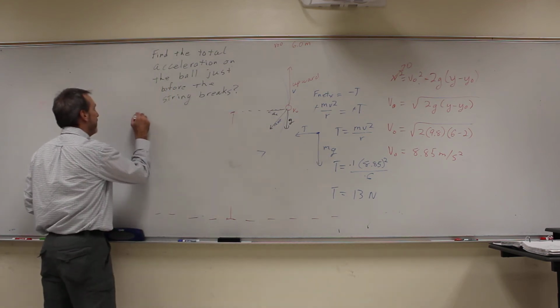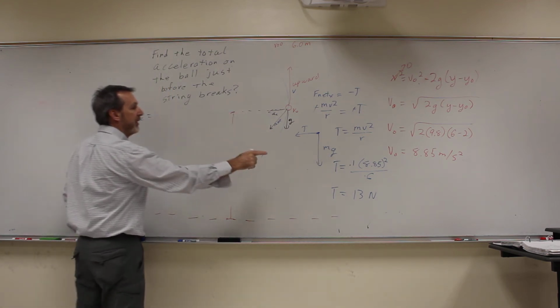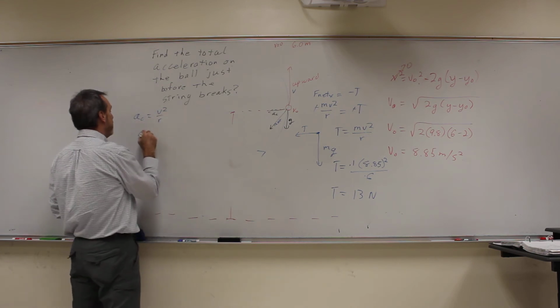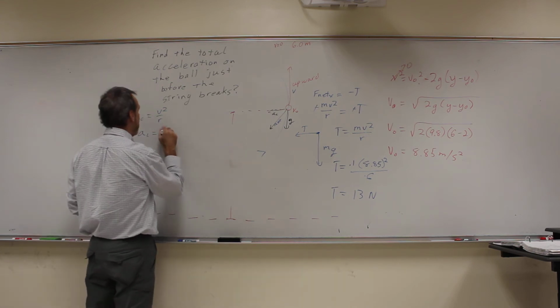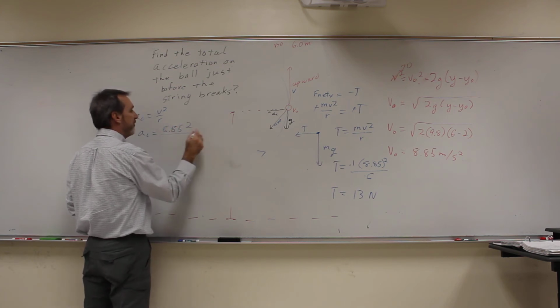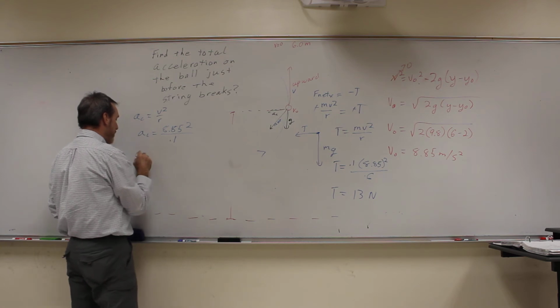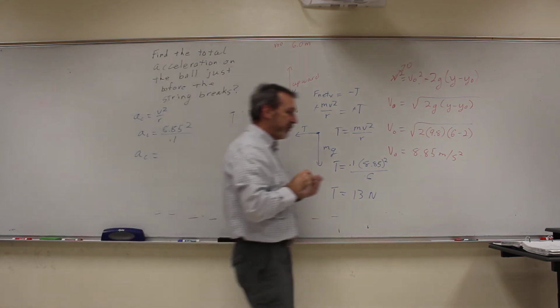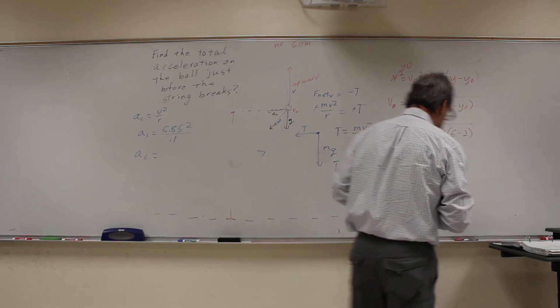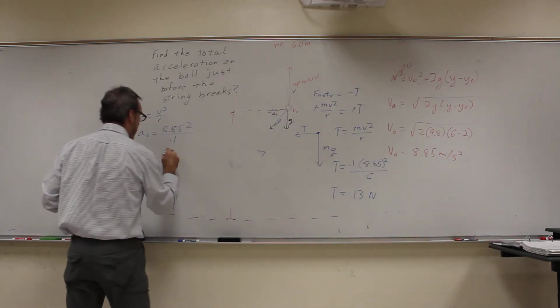Centripetal acceleration is v squared over r, and we know v already. v is equal to 8.85, so it's 8.85 squared divided by the radius, which gives a centripetal acceleration of 130 meters per second squared.